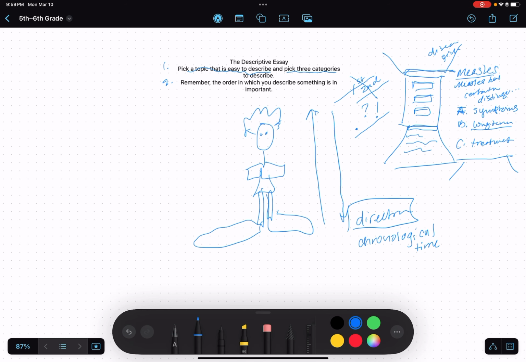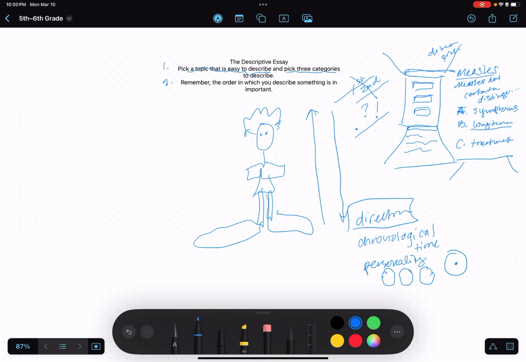If you're describing maybe someone's personality, you would not just list off all your descriptions of them. You would, again, do it in categories. Maybe talk about how they interact with family, and then maybe how they interact with friends, and then how they interact with strangers.